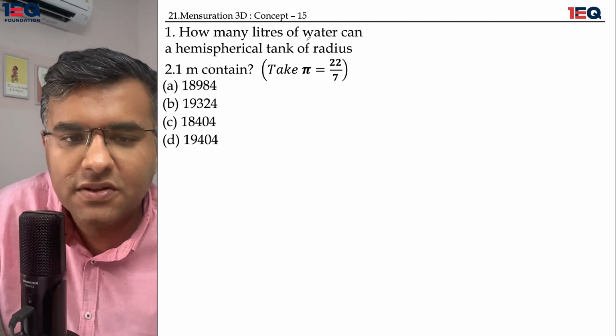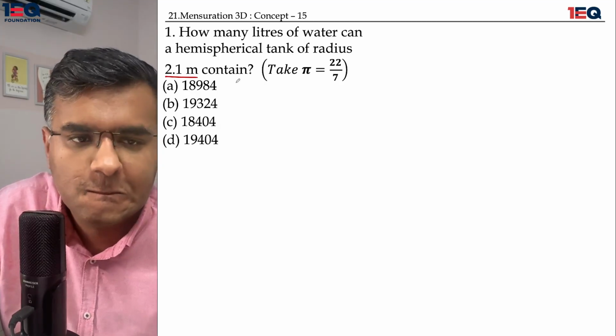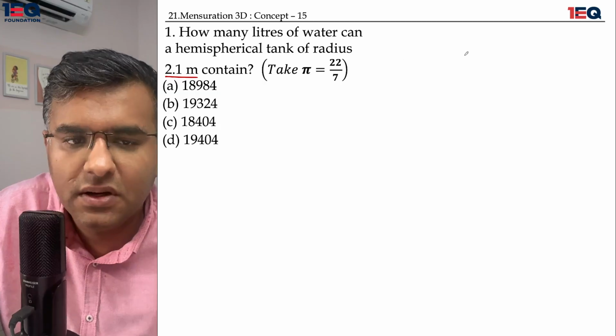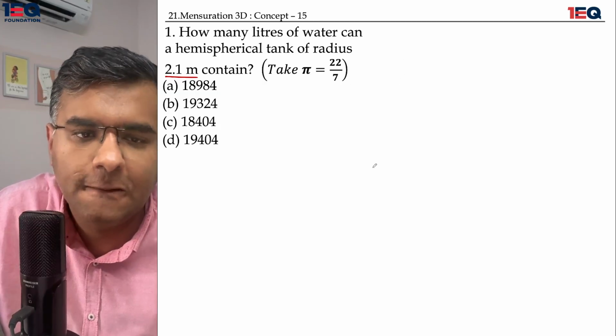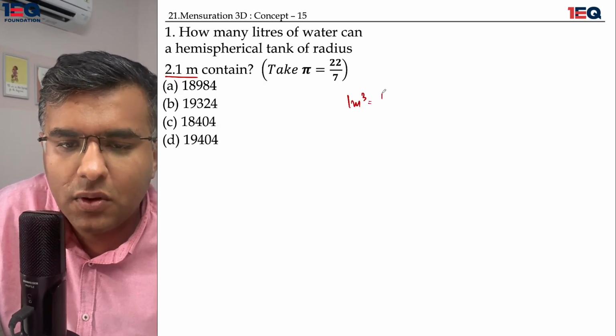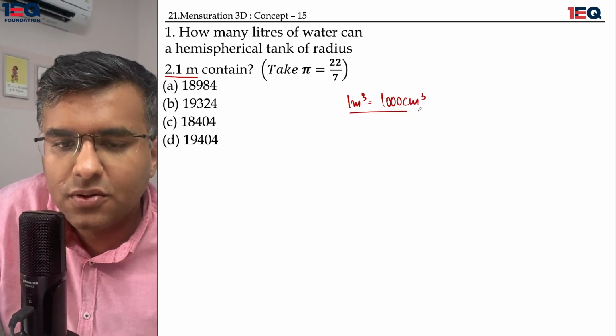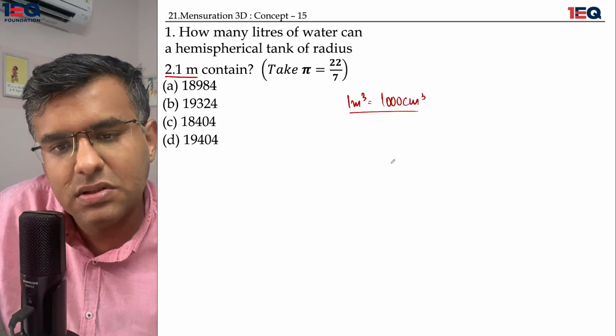Okay, how many liters of water can a hemispherical tank of radius 2.1 meter contain? How many liters of water can a hemispherical tank of this radius contain? 1 meter cube is equal to 1000 centimeters cube. Okay, this is 1000.